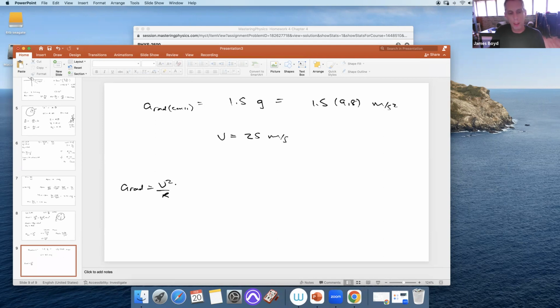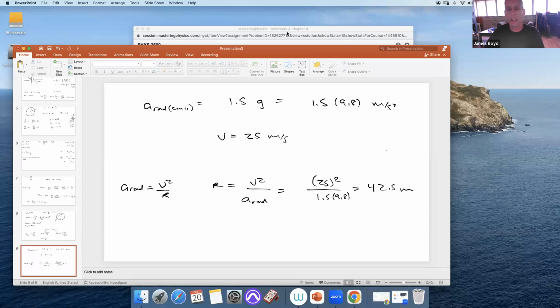Multiply both sides by r, divide both sides by a_rad, and you get r is v squared over a_rad, or 25 squared over 1.5 times 9.8. That'll give us the radius in meters: meters squared over second squared over meters over second squared, and we'll be left with meters. So 25 times 25 divided by 1.5 times 9.8 is 42.5 meters, 42.52 if we want.